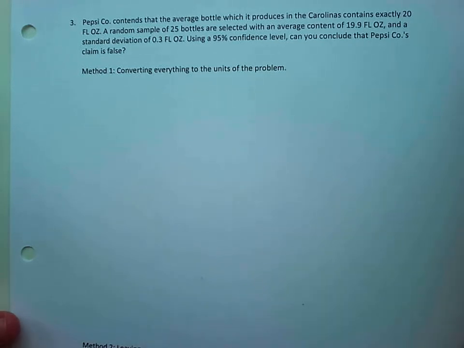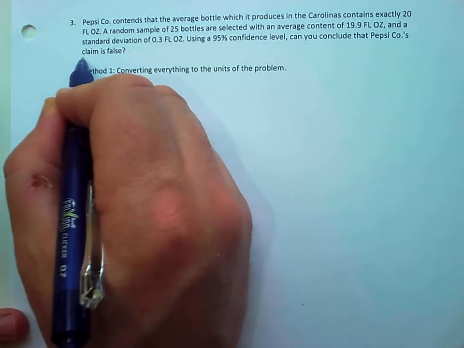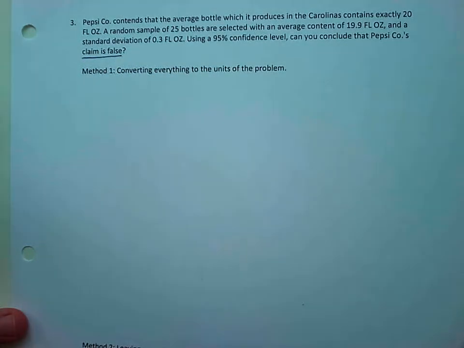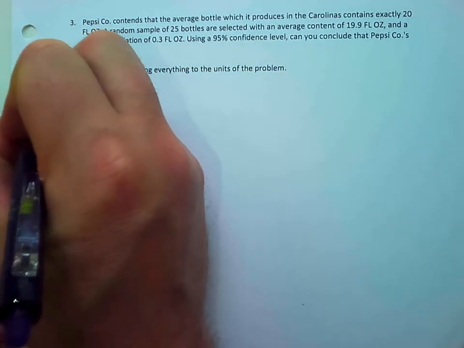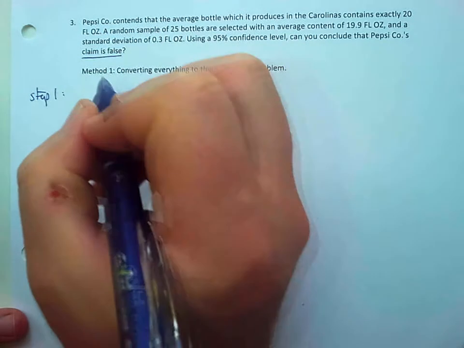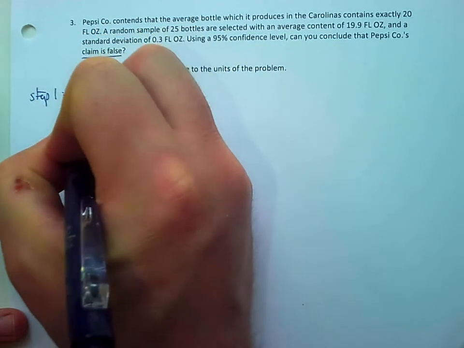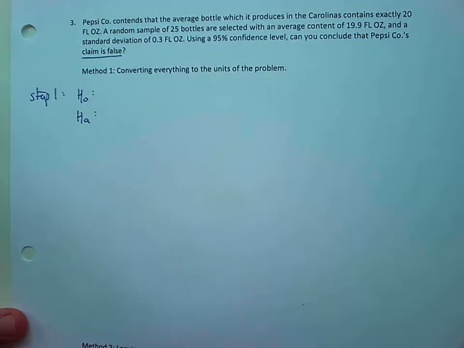We know that this is a chapter 8 question because we're trying to see whether or not we can conclude that a claim is false. So therefore, the way that we start off chapter 8 questions is by writing down our null and our alternative hypotheses. Whenever we write down our null and alternative hypotheses, we start off with 3 questions.